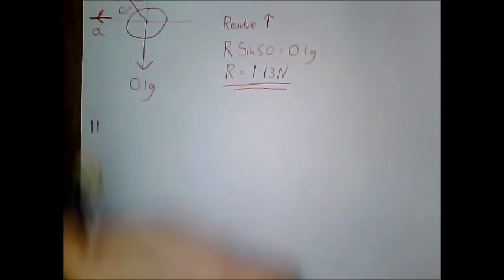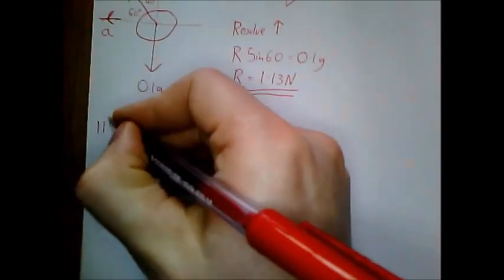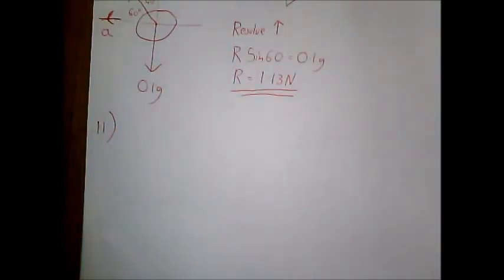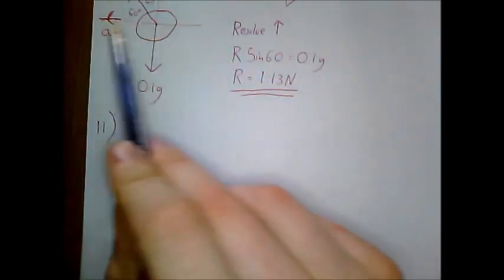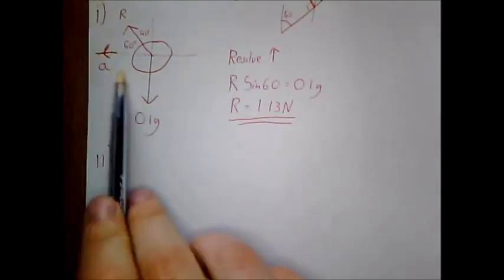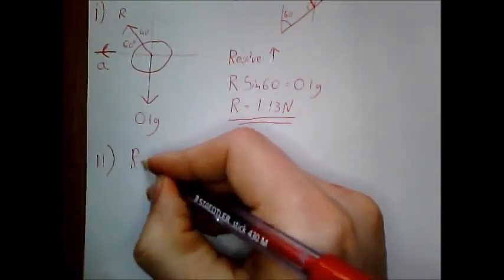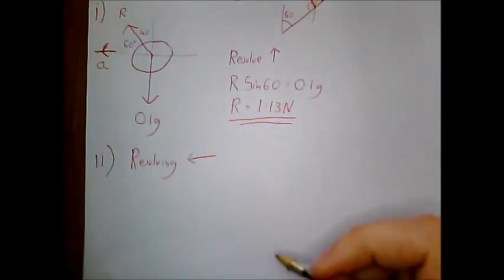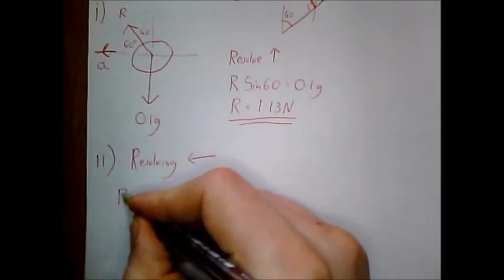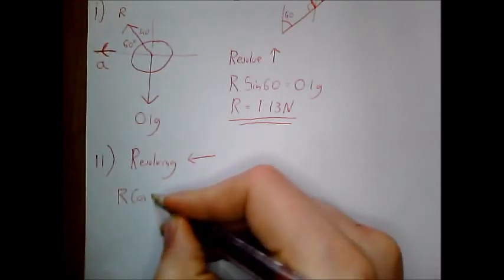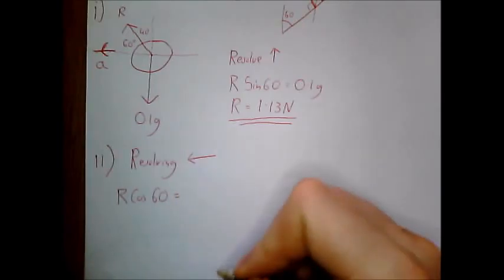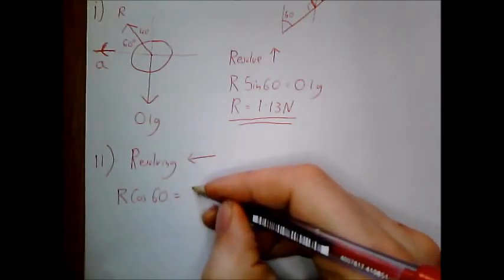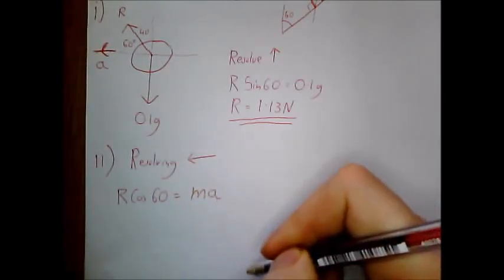Now for part 2, we want to calculate the angular velocity, omega. Now that we know the reaction force, we can resolve in this horizontal plane. Resolving in the direction of acceleration, we know that R cosine 60 will be equal to ma.